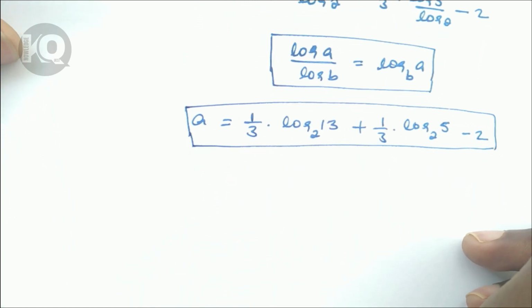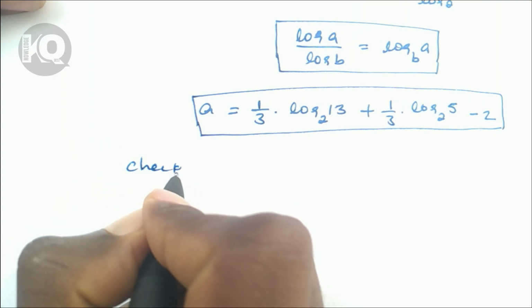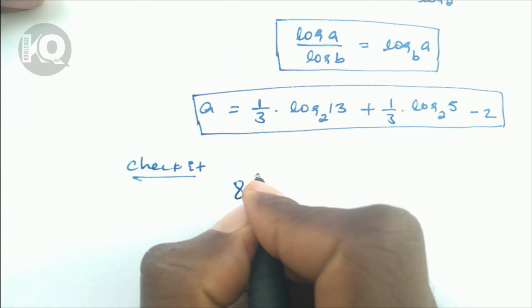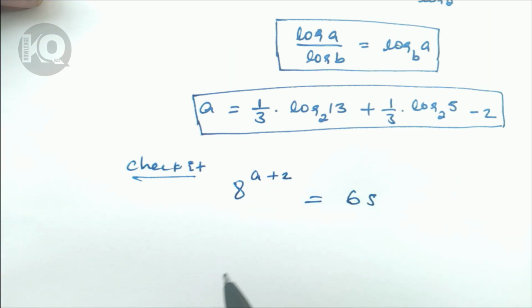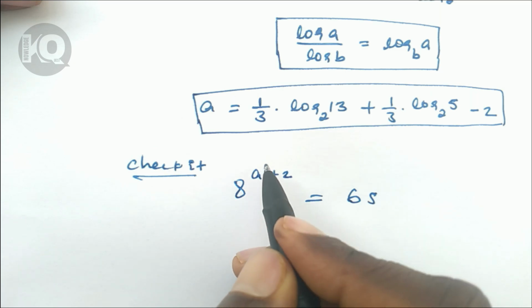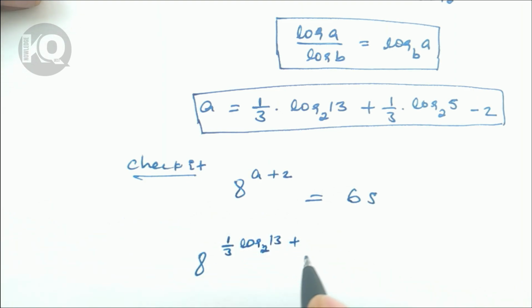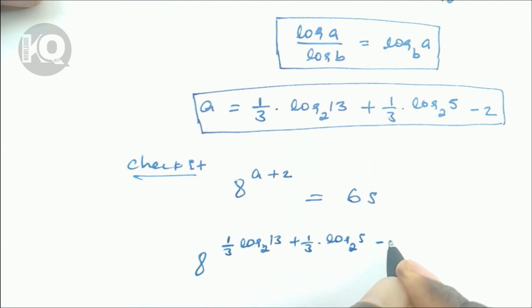Now let's check whether our answer is correct or not. Check it. From our equation, 8 to the power of x plus 2 is equal to 65. Then substitute the value of x here. 8 to the power of 1 over 3 log of 13 to the base 2 plus 1 over 3 times log of 5 to the base 2, minus 2, plus 2, is equal to 65.